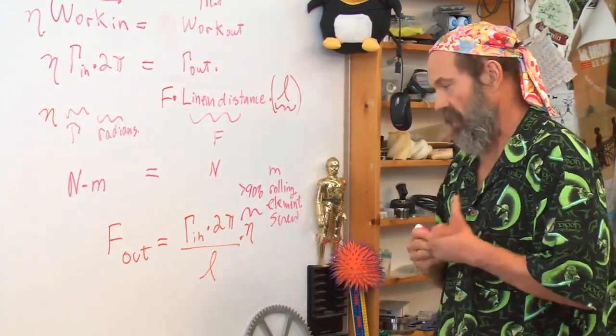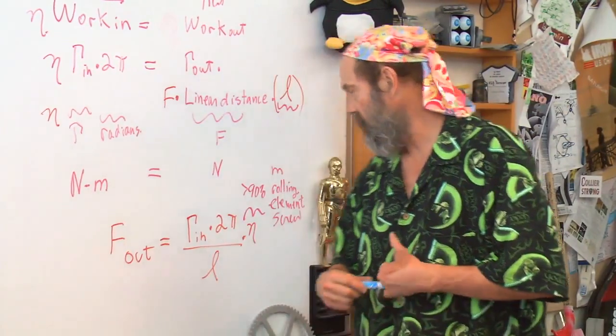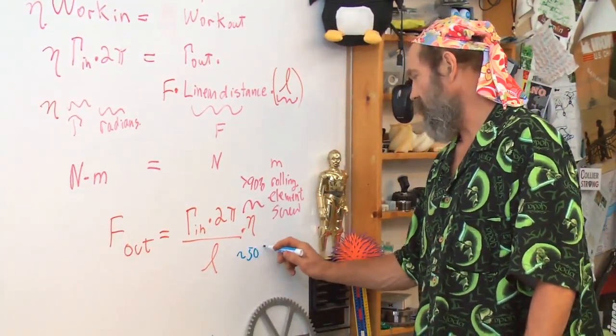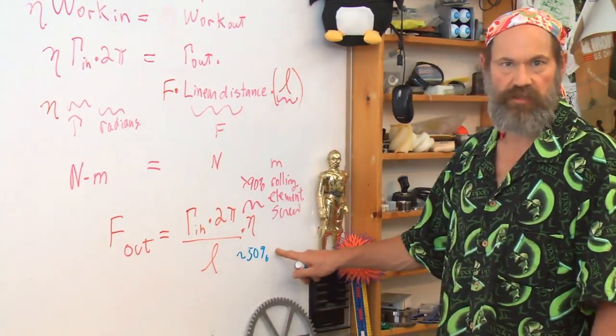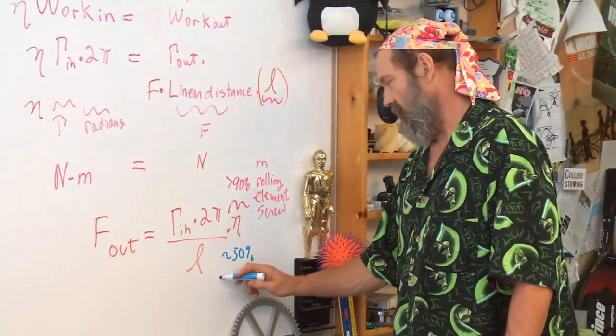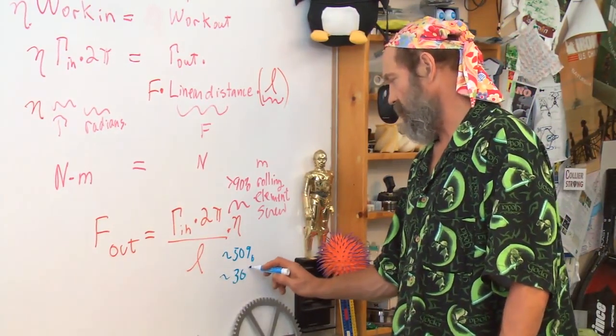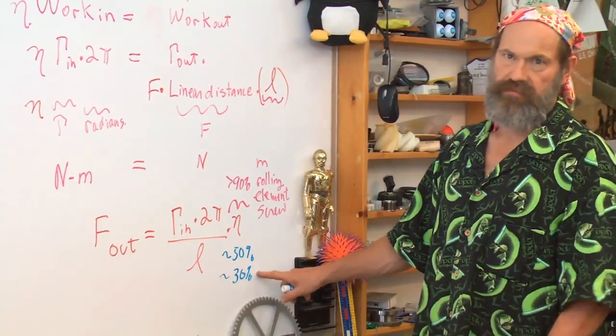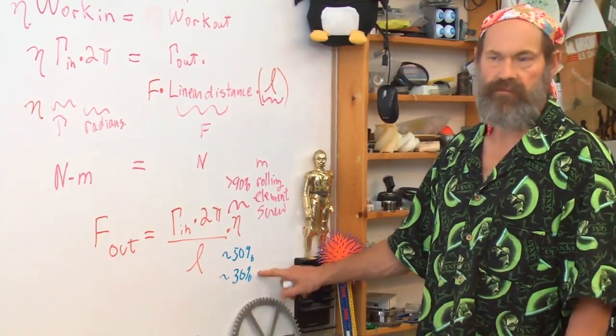On the other hand, if you have a sliding contact thread screw, this may be 50% for really good low friction material, Teflon-based lubricants. It can be down in the 30% range for steel nut on steel screw with basically no lubrication.